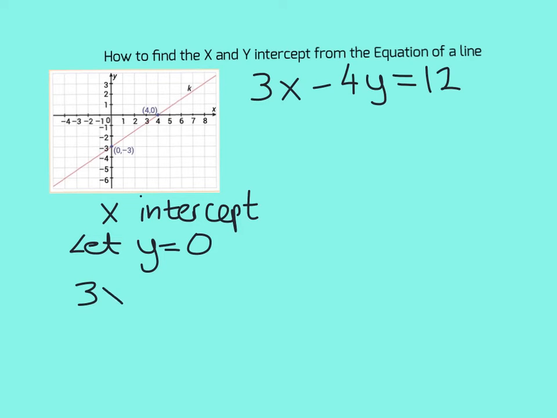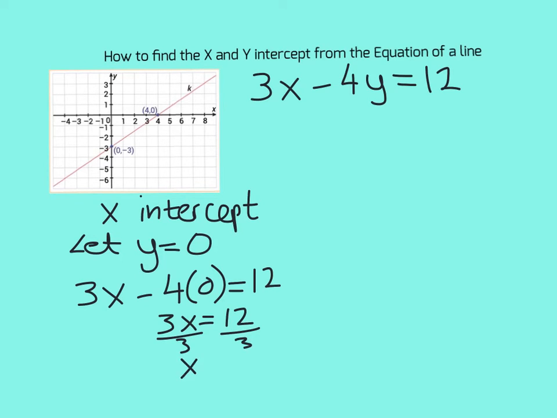So what I get is 3x minus 4 by 0 equals 12. 4 by 0 we know is 0, so 3x is equal to 12. Divide both sides by 3. X is equal to 4. So now I have the x-intercept, which is (4, 0).